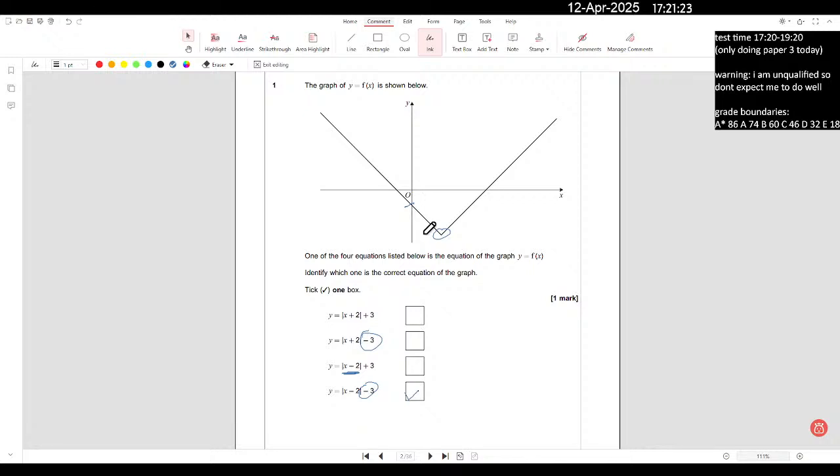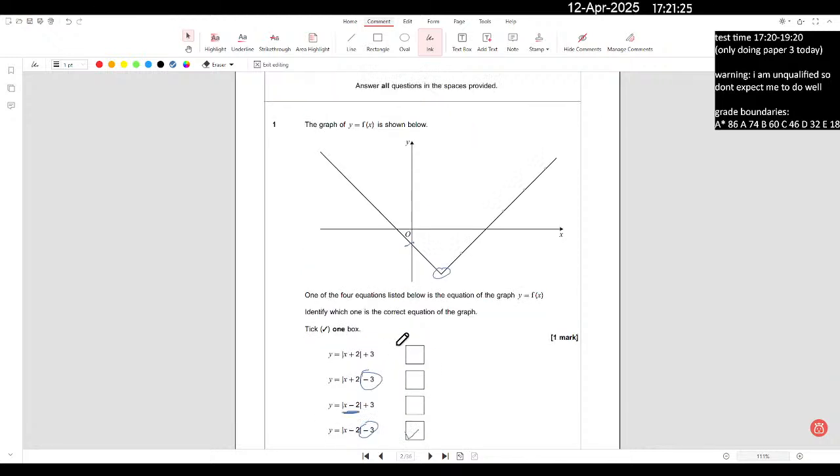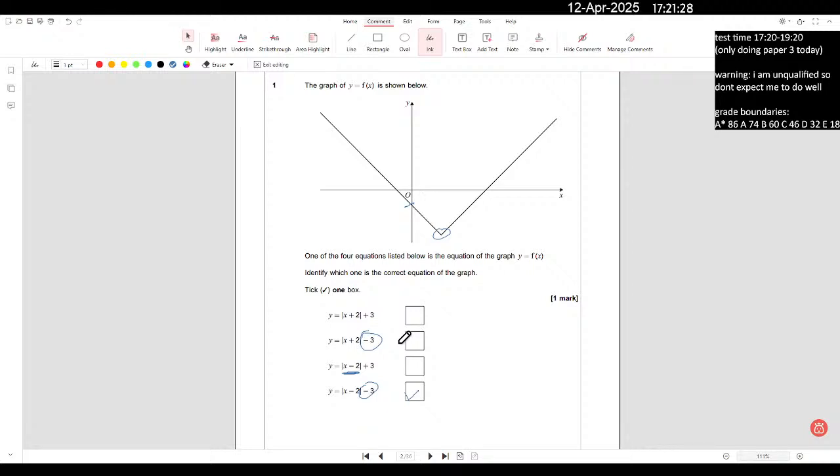Seems right to me. I don't know if this is to scale or not. Yeah, I don't believe it could be anything else. That looks right to me. Okay.